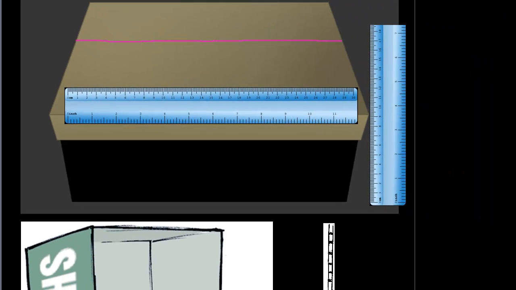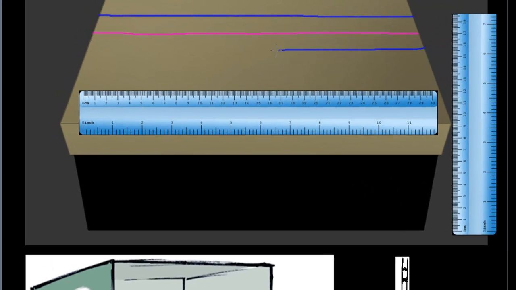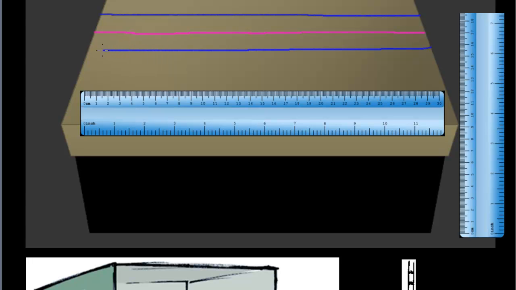Next, you're going to take your ruler and measure 2 centimeters on either side of the line, and draw another line. Not too bad. 2 centimeters on this side, you're going to draw your third line. So we've got the midline, which for all intents and purposes we're going to ignore right now, and then we've got these lines.